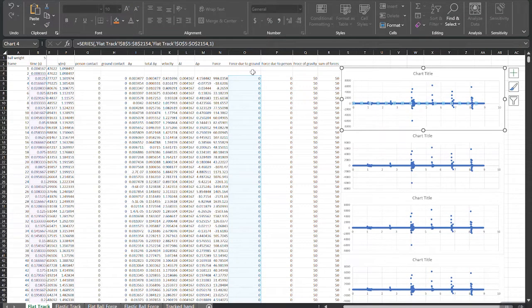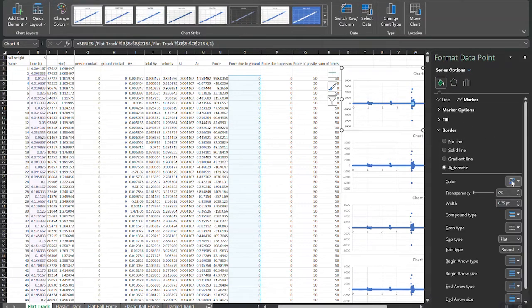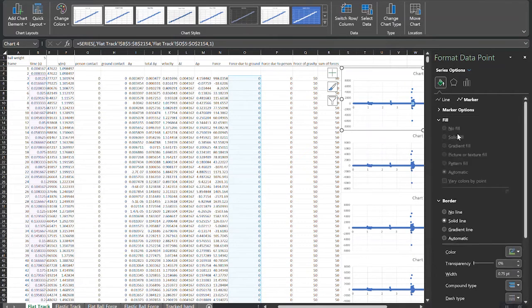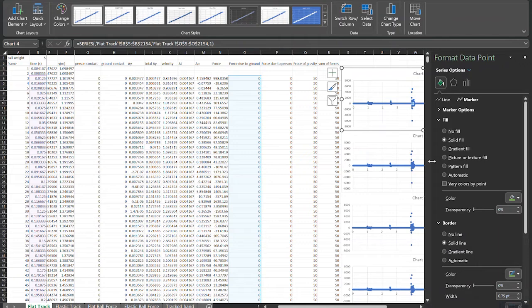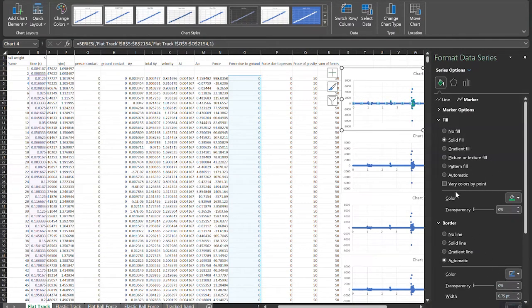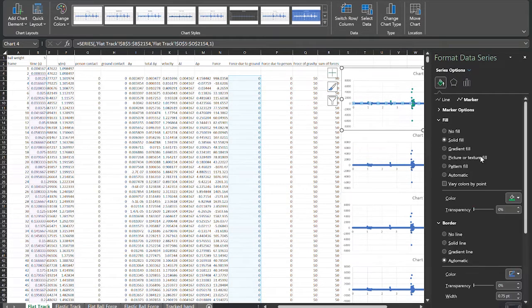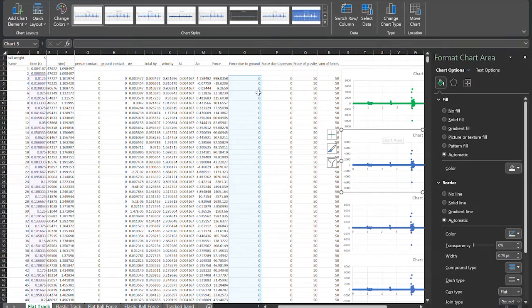So this thing is force due to ground. And I asked for that to be green. Come over, make that thing green. Cool. This one, we'll make this one force due to person.